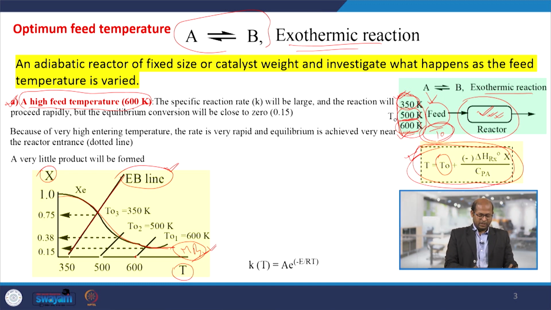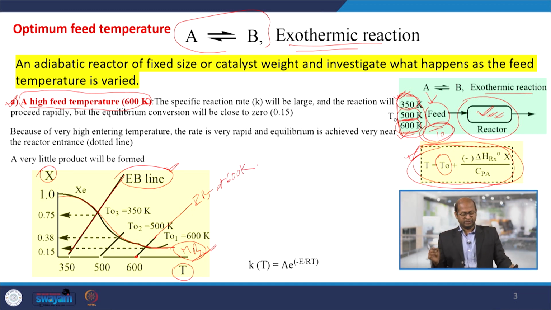The energy balance line at 600 Kelvin will be drawn from here. When the feed temperature is very high, the specific reaction rate constant is very high, so the rate of reaction is very high, and the reaction reaches equilibrium very fast.